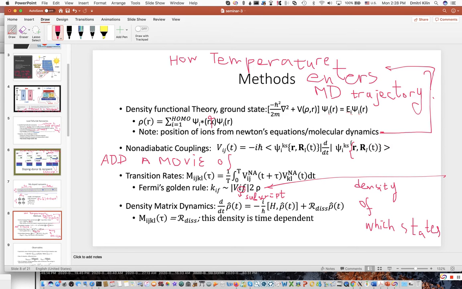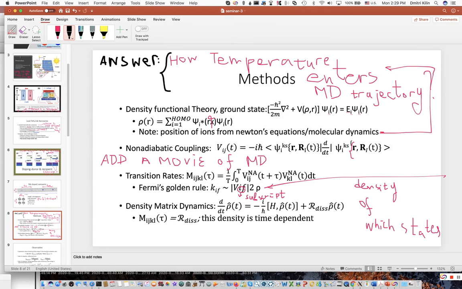Temperature affects these equations because molecular dynamics essentially calculates the positions and velocities of each ion that I have. So what I'm doing in the study is looking at my system at different temperatures.